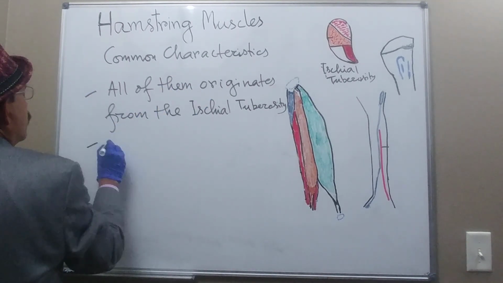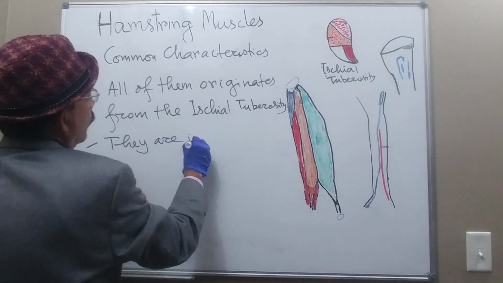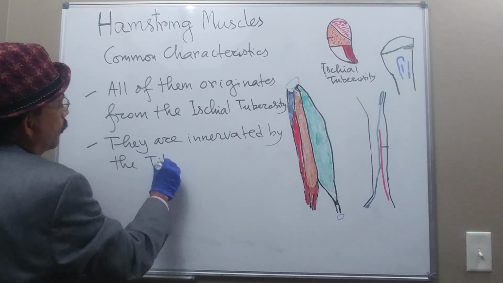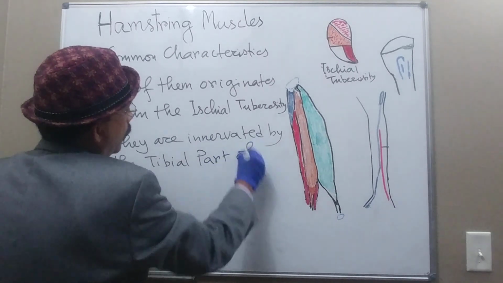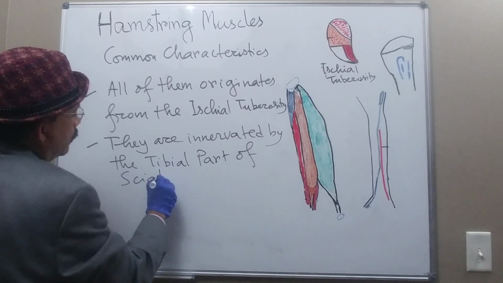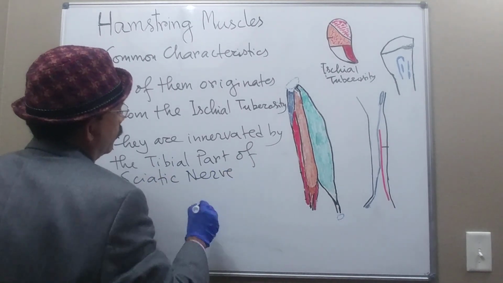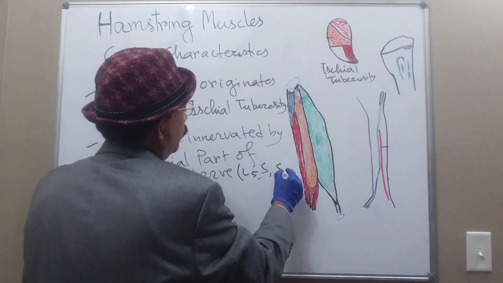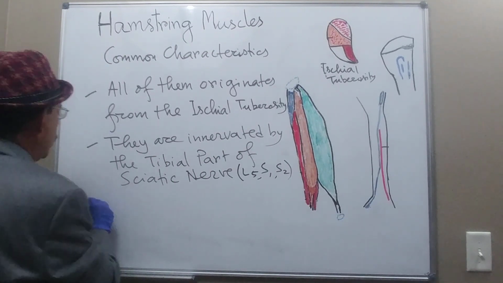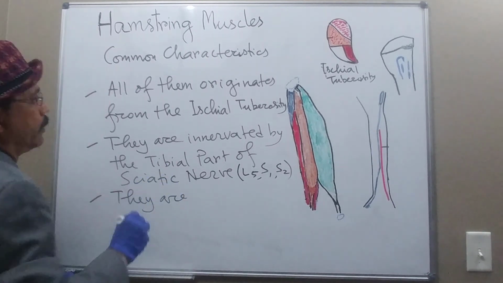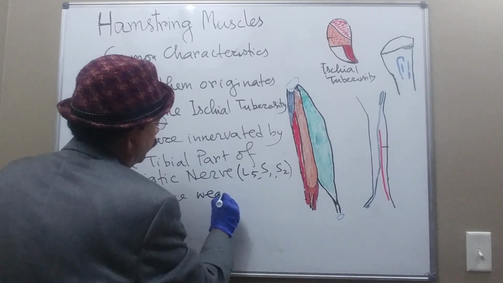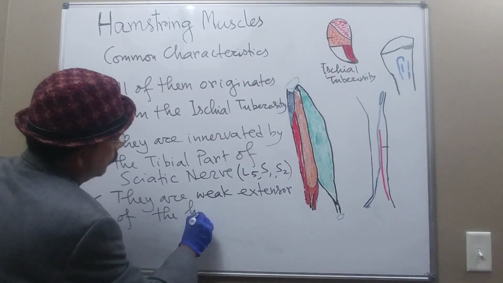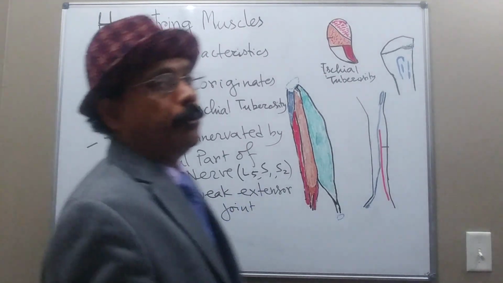Another one is that they are innervated by the tibial part of the sciatic nerve, L5, S1 and S2 root value, and they are weak extensors of the hip joint.